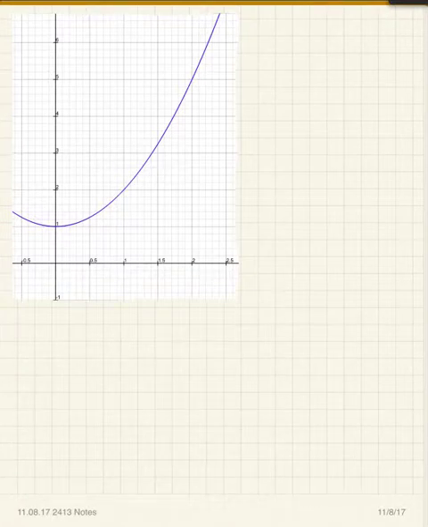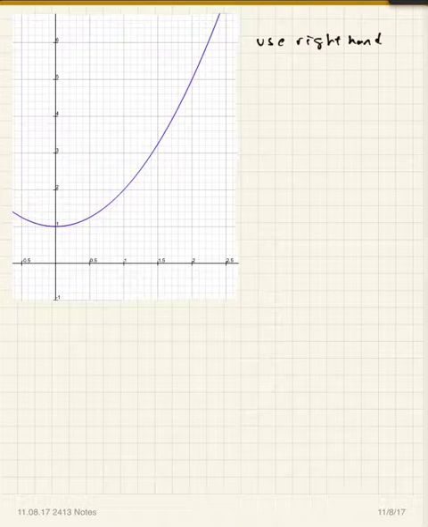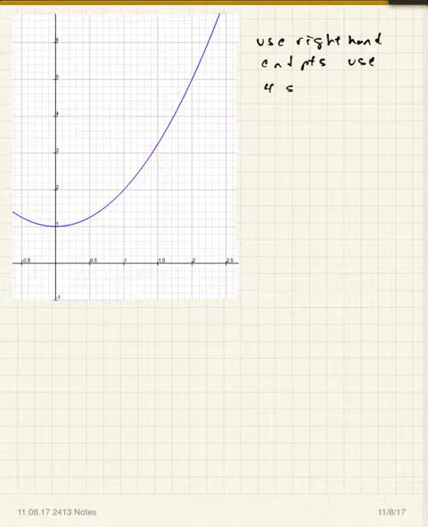So let's use right-hand endpoints to determine the heights of those rectangles, and still use 4 subintervals. Let's see how changing from a left-hand endpoint to a right-hand endpoint for each of these subintervals changes the way the picture is going to look.